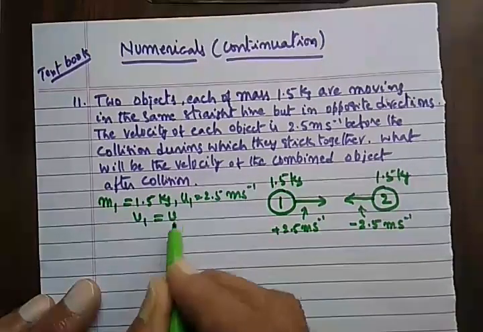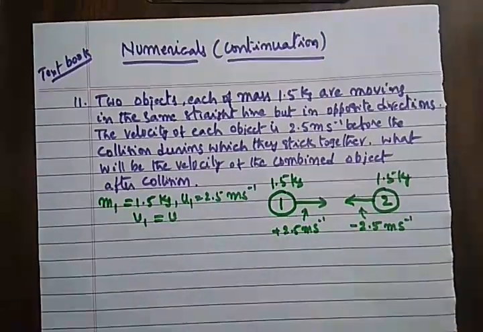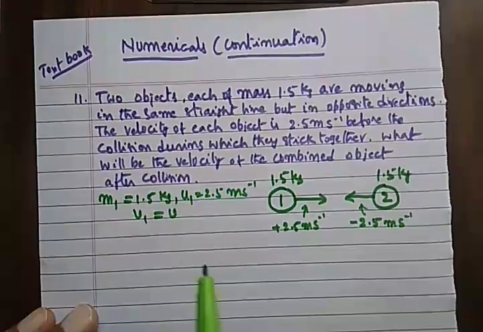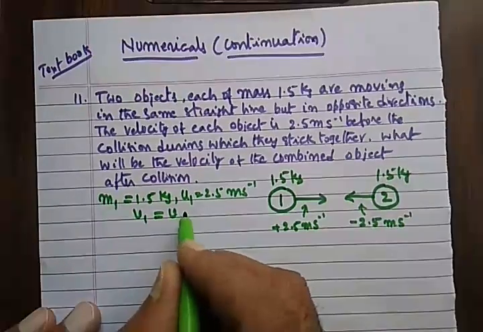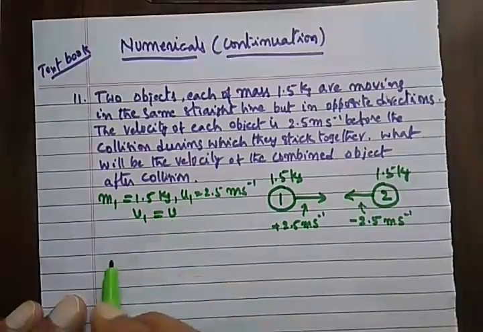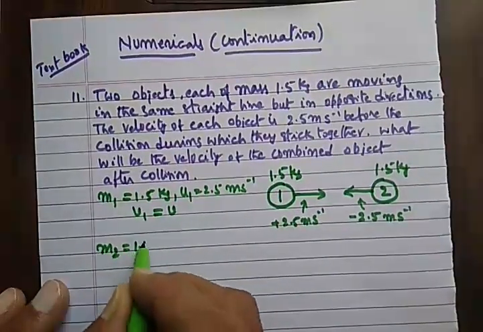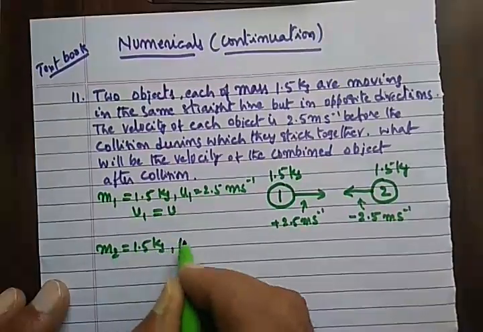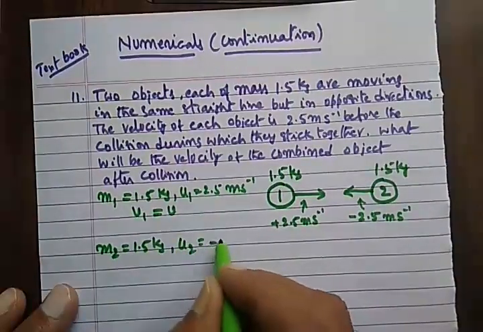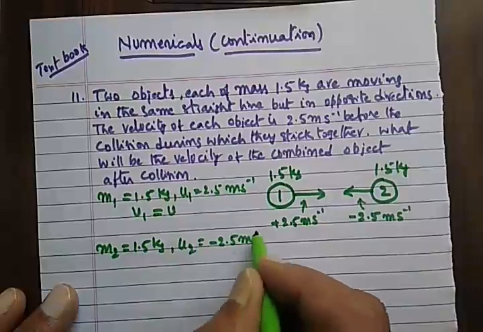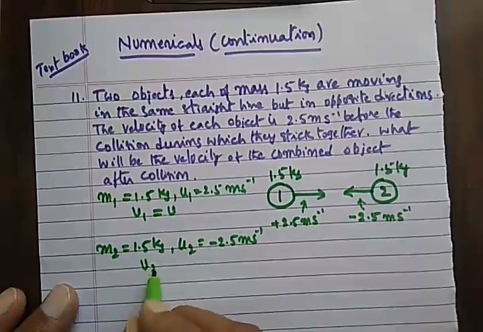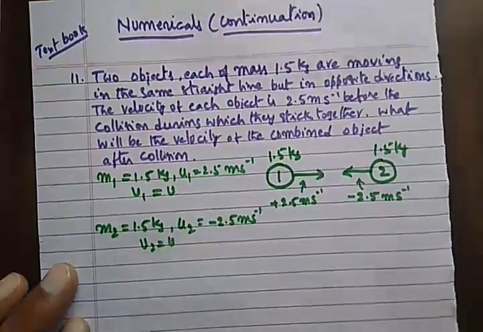I will call it V, because both are stuck together, which means both will have the same velocity. So for M2 it is 1.5 kg, U2 is minus 2.5 meters per second, and V2 is V, because both are stuck together.